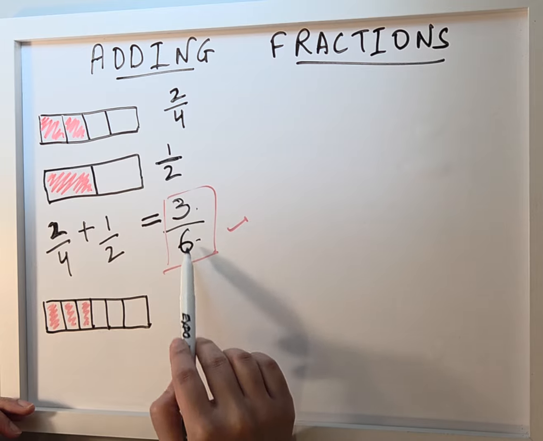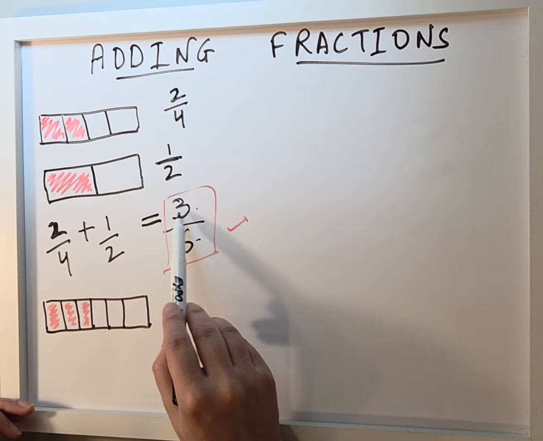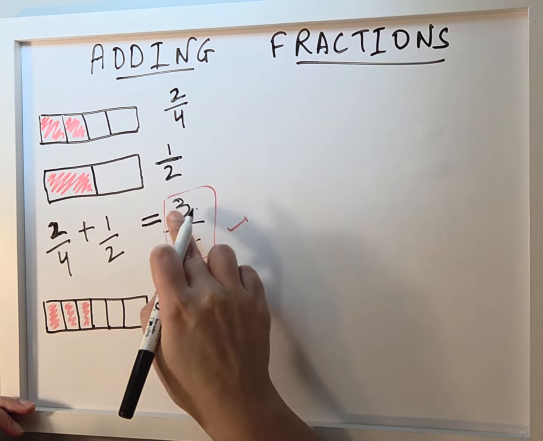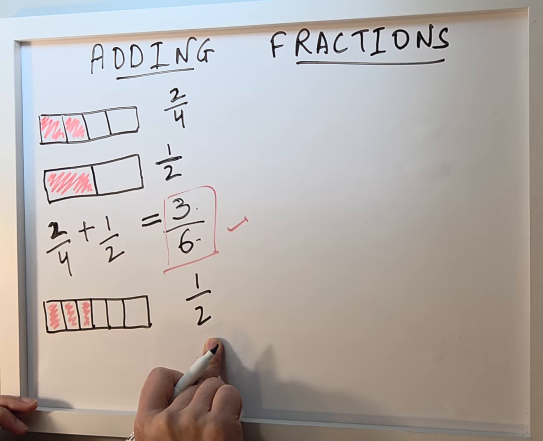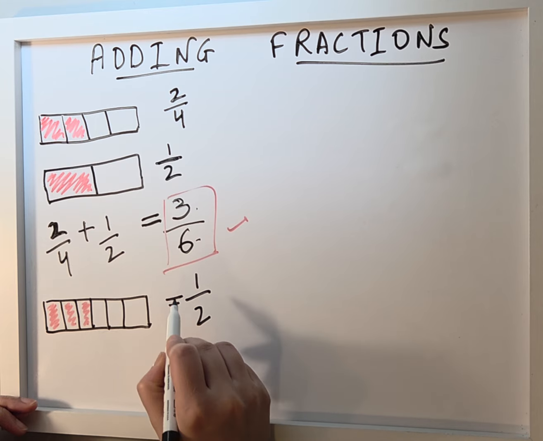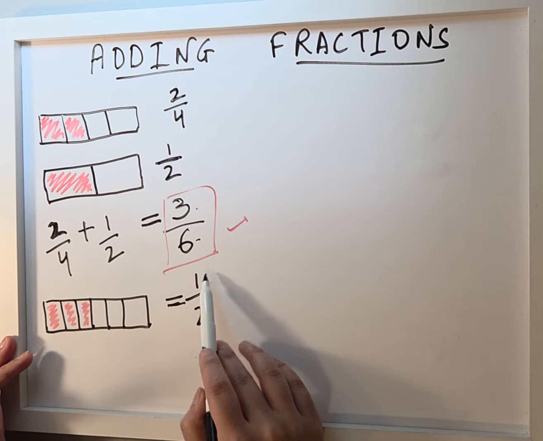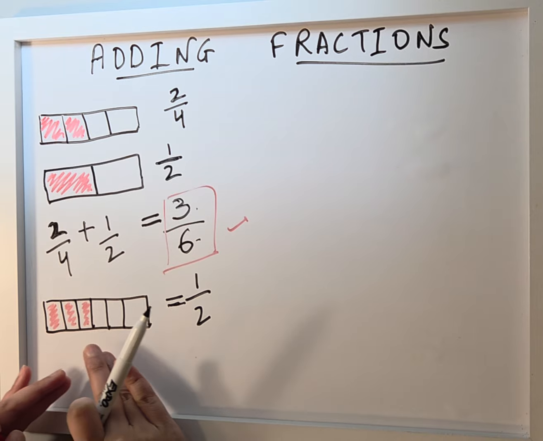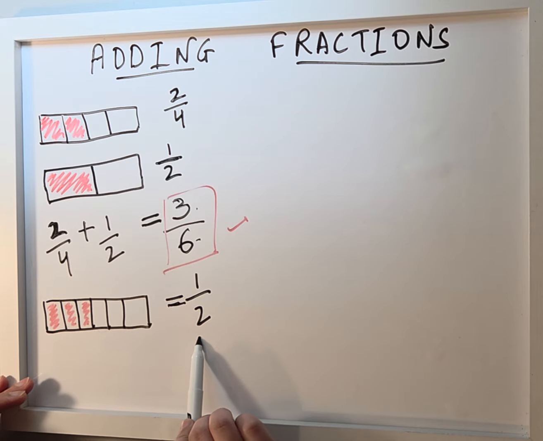The common factor for 3 and 6 is 3. If we divide by 3, 3 divided by 3 is 1 and 6 divided by 3 is 2, so we get 1 by 2, which means half. So we can represent it by half.